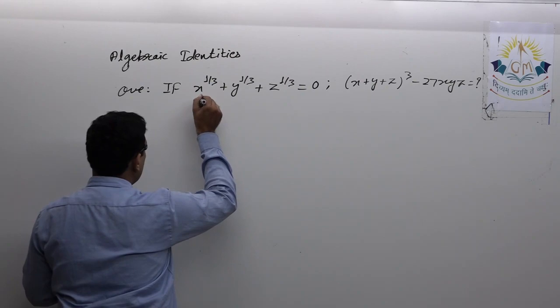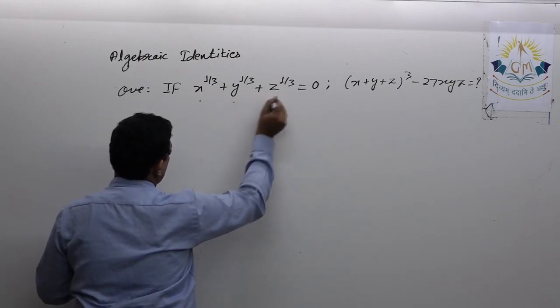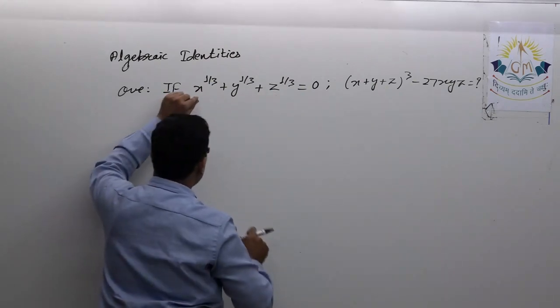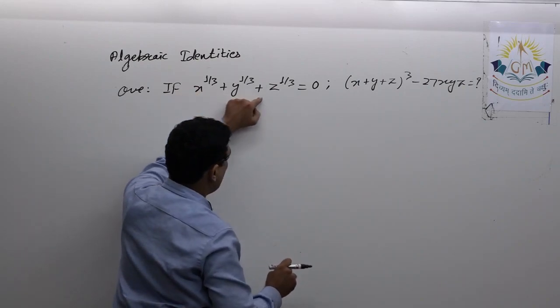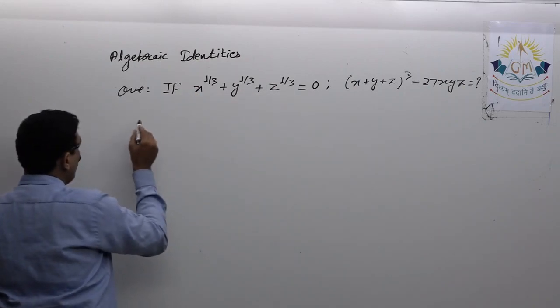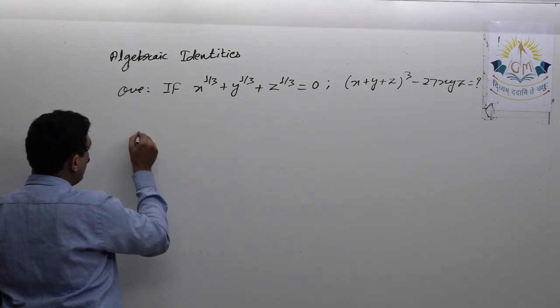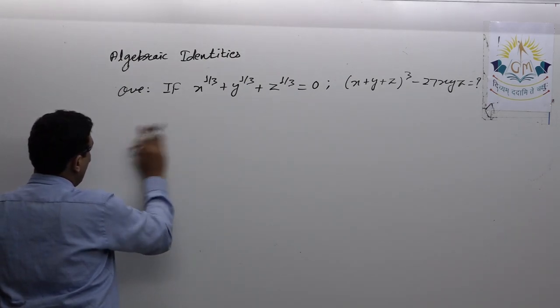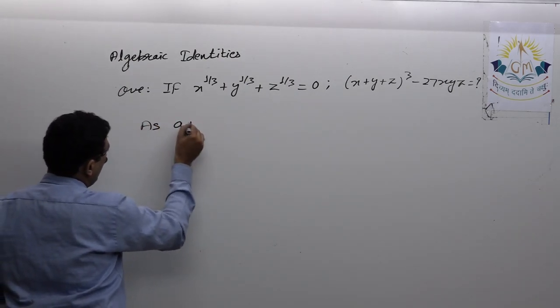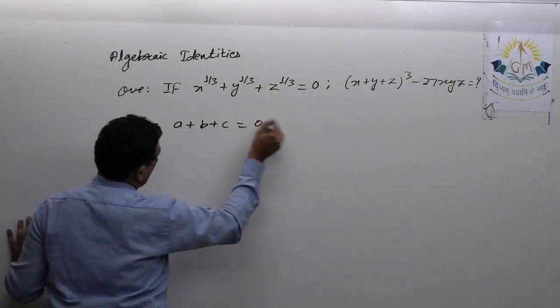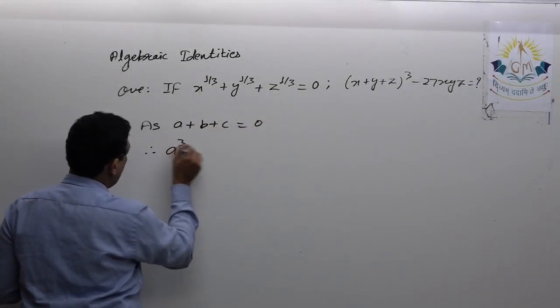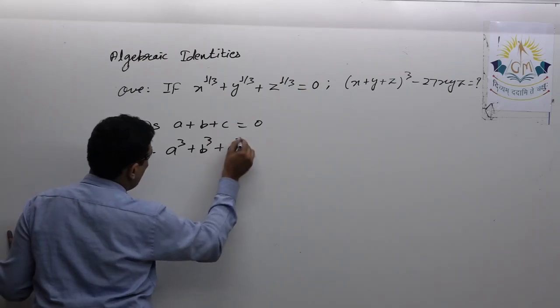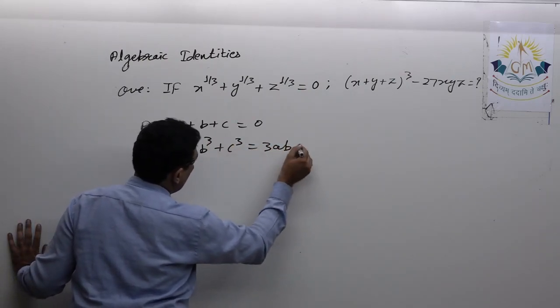So if I consider this as a, this as b, and this as c, here it is actually given a plus b plus c is equal to 0. So according to the identity, as a plus b plus c equals 0, therefore a cube plus b cube plus c cube should be equal to 3abc.